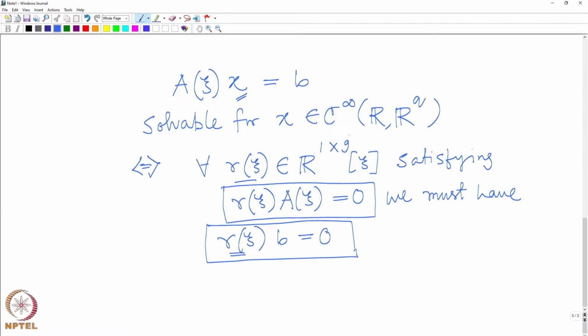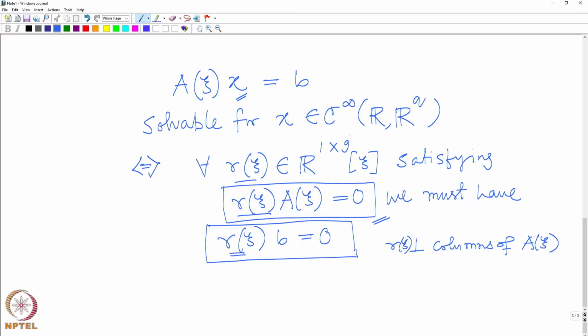Well, you see, when I am doing algebraically, when I am saying that R xi is a row vector which is such that R times A is equal to 0, what does that mean? That means, roughly speaking, that this row vector R is orthogonal to all the columns of the polynomial matrix A xi, the standard meaning of orthogonality.